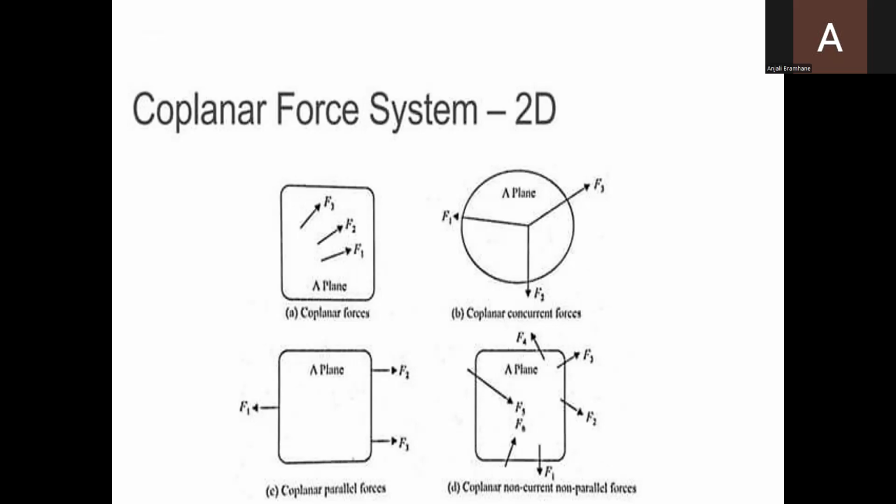And third, coplanar parallel forces means the same plane but forces which have parallel lines of action. And coplanar non-concurrent or non-parallel forces means the same plane but the forces are not parallel and do not intersect at the same point.